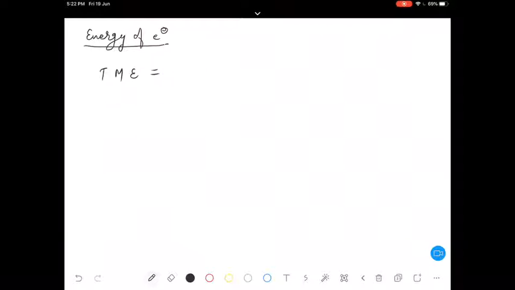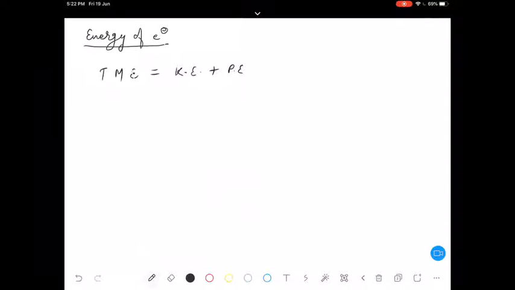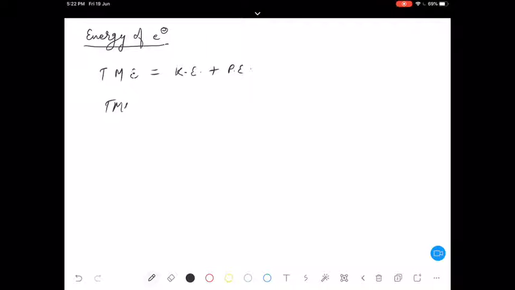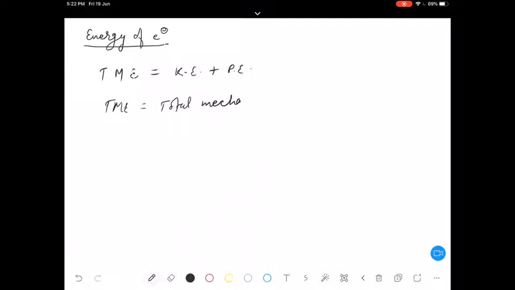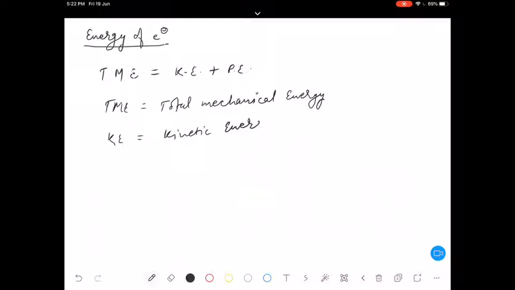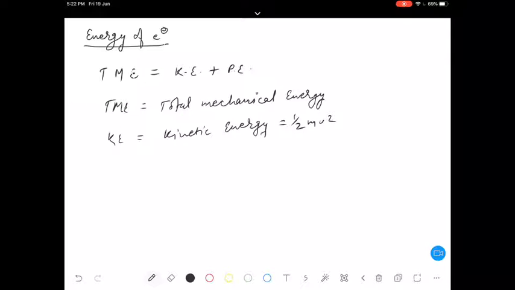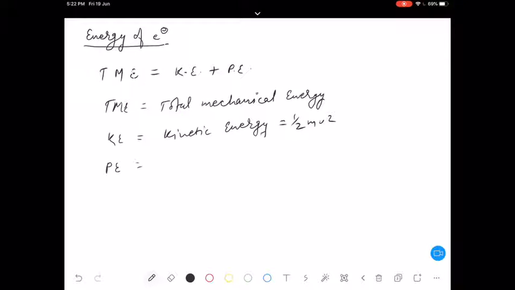I can write it as the sum of kinetic energy plus potential energy. Here I write TME, which means total mechanical energy, and KE stands for kinetic energy. We know how to write kinetic energy, half of mv square. This PE, I write it as electrostatic potential energy.